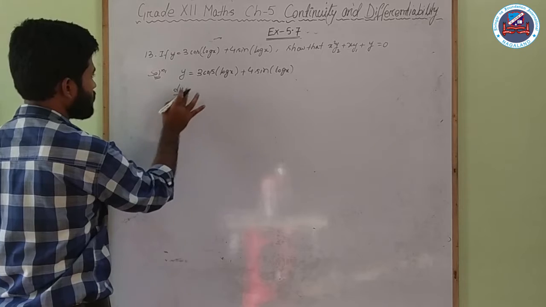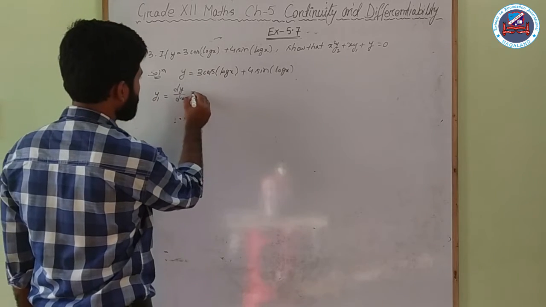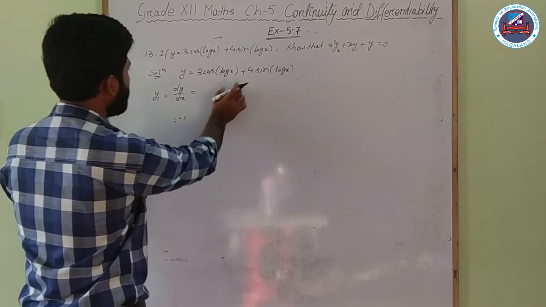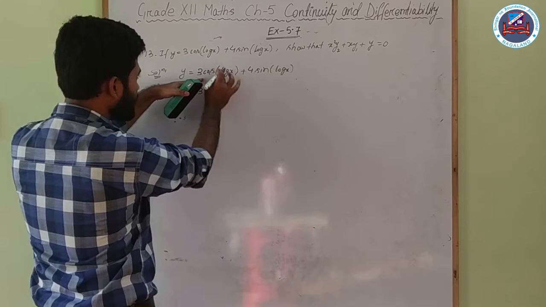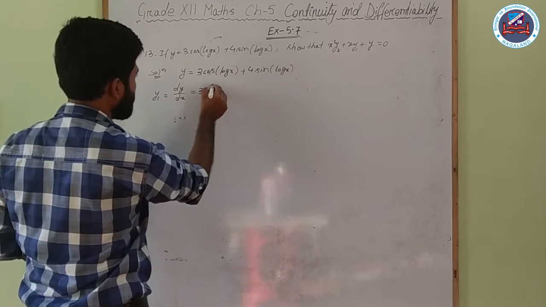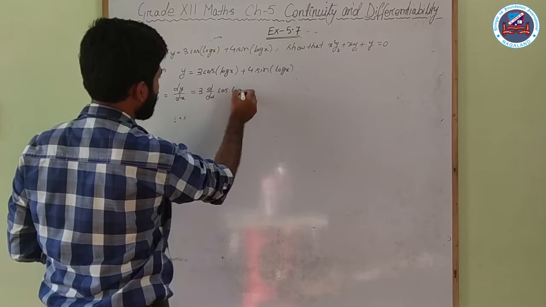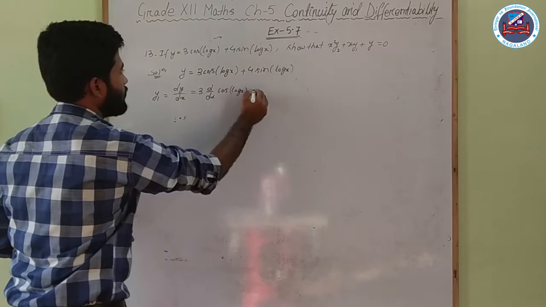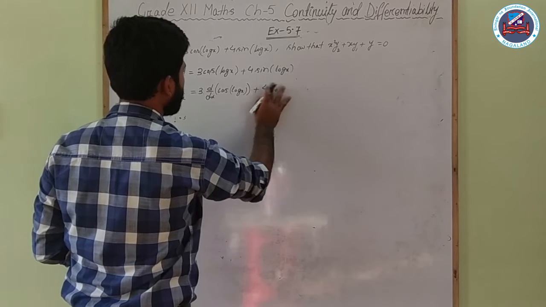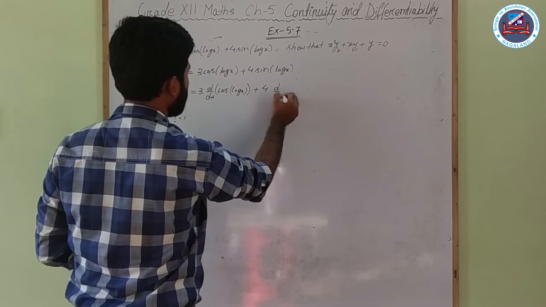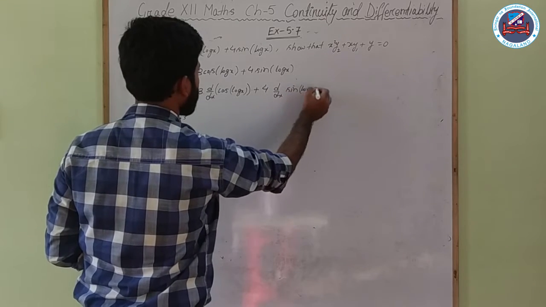So this will be dy by dx, I can write it as y1, and same thing. So this will be equal to, here bring the 3 out, so consider the log x. So just take the derivative of cos of log x plus 4, take the derivative of sine of log x.